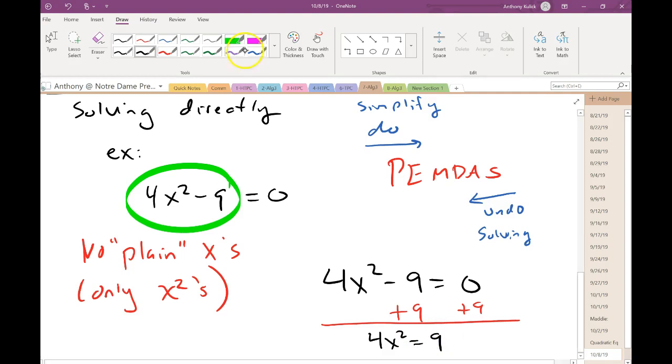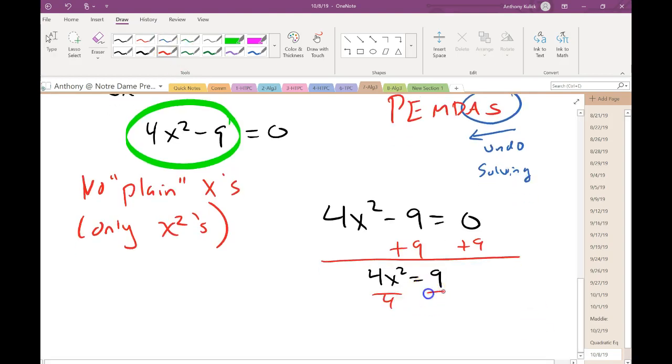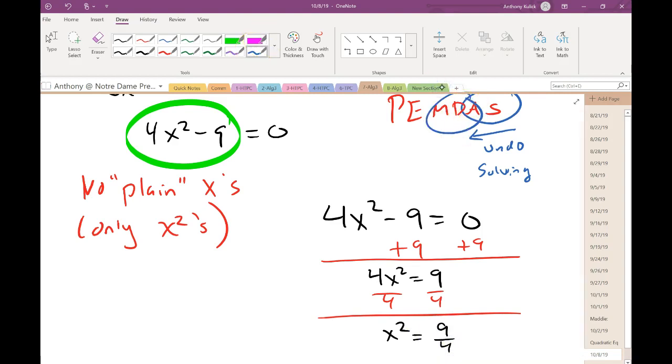So we've canceled off the addition and subtraction. So the next thing I should do is divide by 4. So we've undone any multiplication divisions now, right? What should I do next?